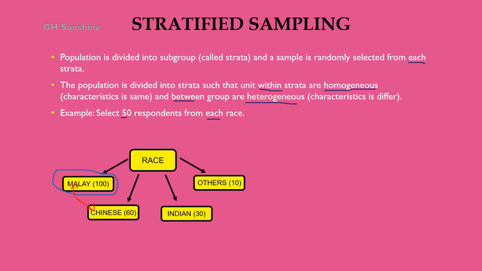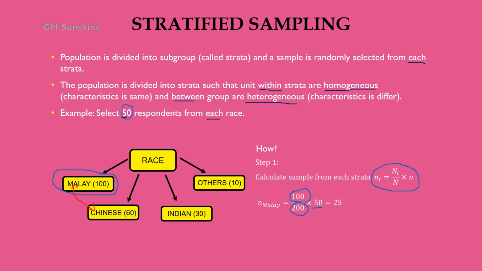But how do we calculate the sample size using the stratified sampling technique? So look at here, you may use this formula to calculate the sample size for each group. For example, Malay race. The population size is 100. Divide by the population size 200, times the sample size 50.